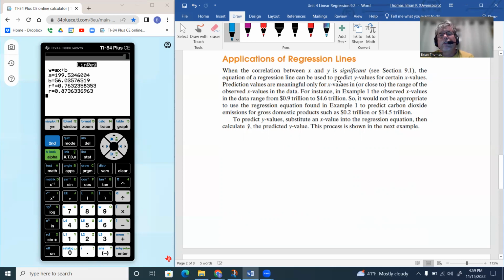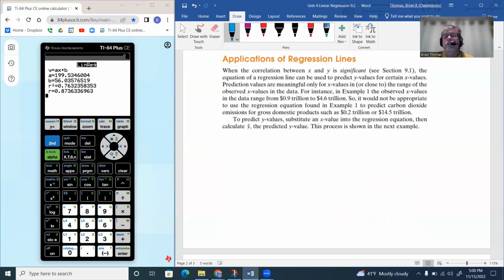So we're going to use the regression line to predict y values for certain x values. So again, the x values are going to be given, and we're going to use those to predict the y values. So the prediction values are only meaningful for x values that are in or close to the range.